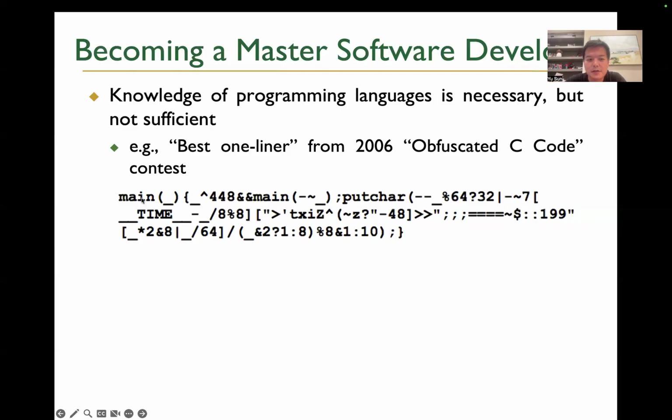This is the C code. Obviously, you have a main method here. It does something. There are some semicolons.